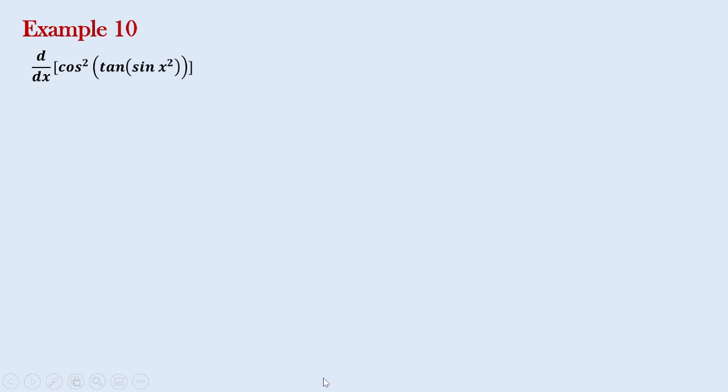Let's say we would like to get the derivative of this function. So we need to know the derivative of cosine and then tangent and sine. So let us remember that the derivative of cosine u is equal to negative sine u times du dx.